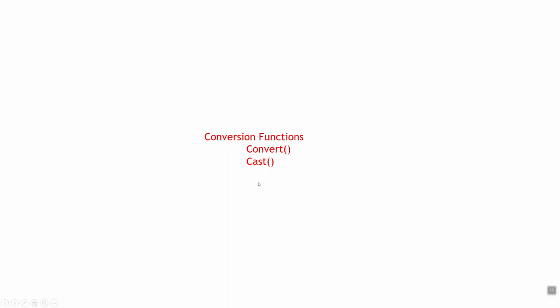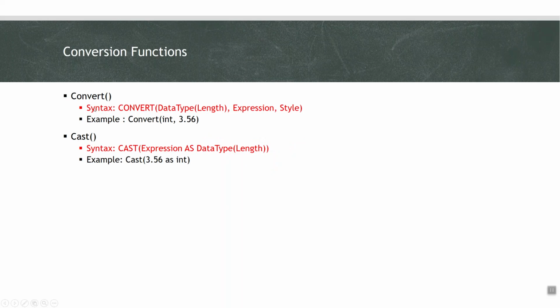And when we move to the syntax for the functions, the syntax for convert is convert, data type, length, expression, comma, style. The data type field is mandatory, and this data type can be any of the data types existing in SQL Server, like int, smallint, tinyint, decimal, float, varchar, text. The length is mainly applicable for the string types like char, varchar, text, nchar, or binary.